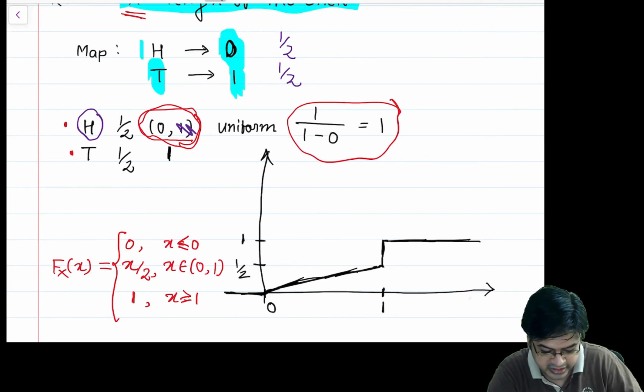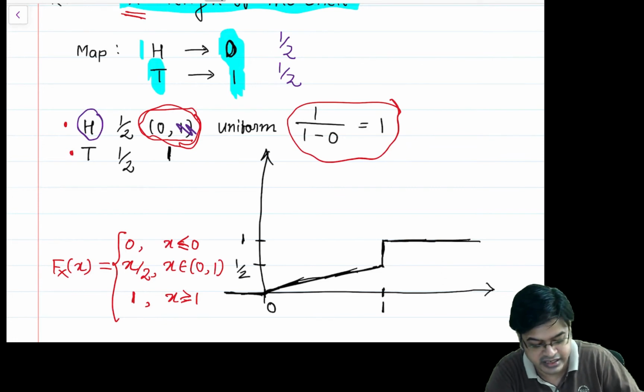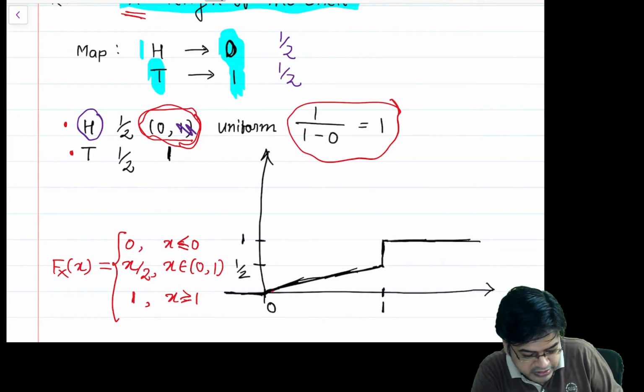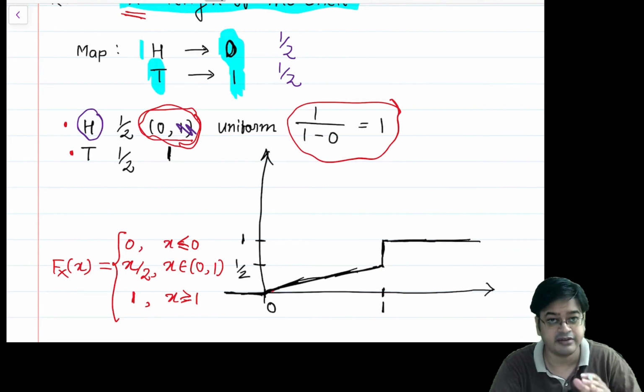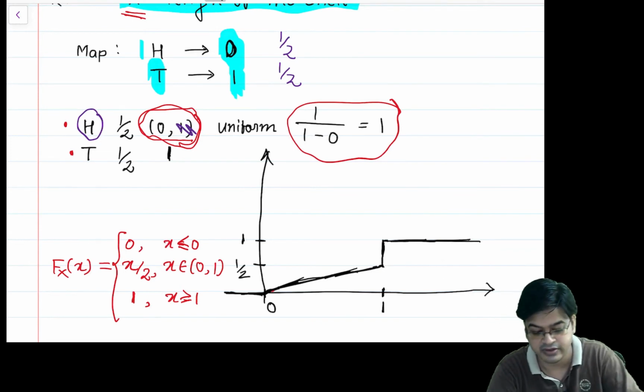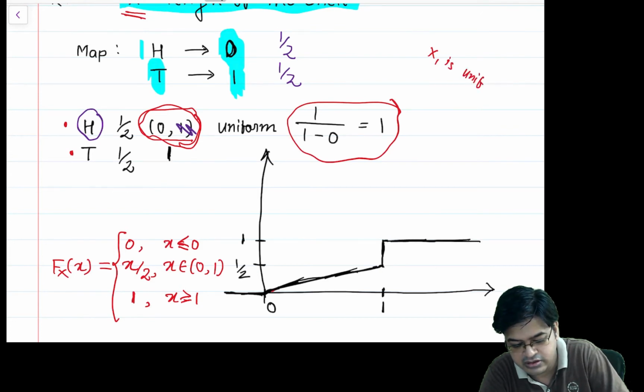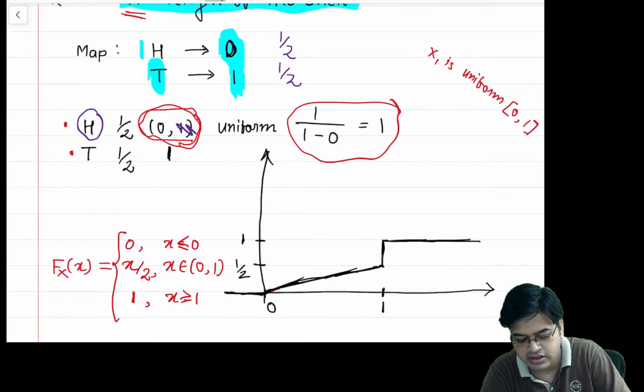Let us go to the experiment and understand the problem. If head occurs, I will take a stick and break it at some point, so this has a uniform probability distribution, but head will occur with probability half. So let us say X1 is uniform distribution on (0,1). It doesn't matter whether I consider endpoints or not.